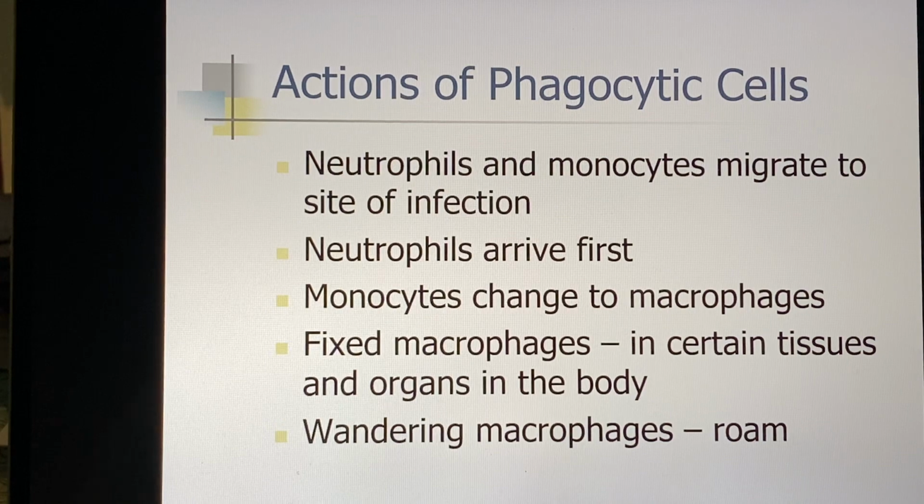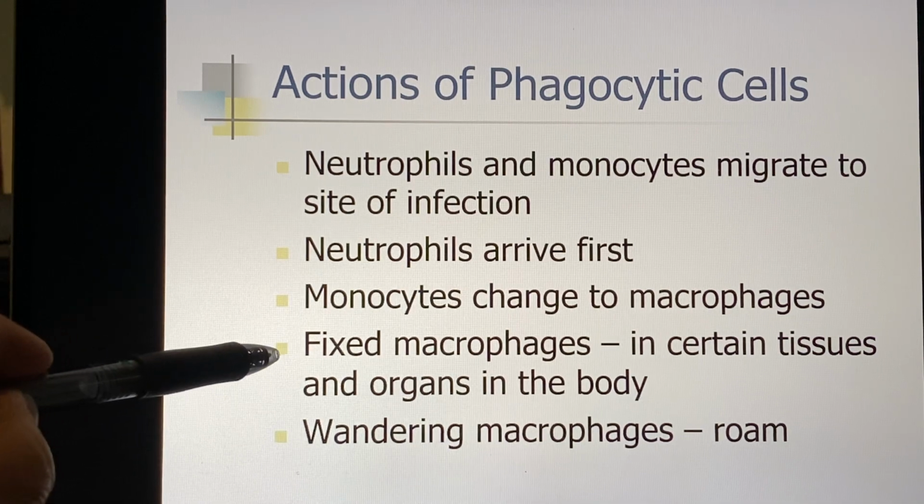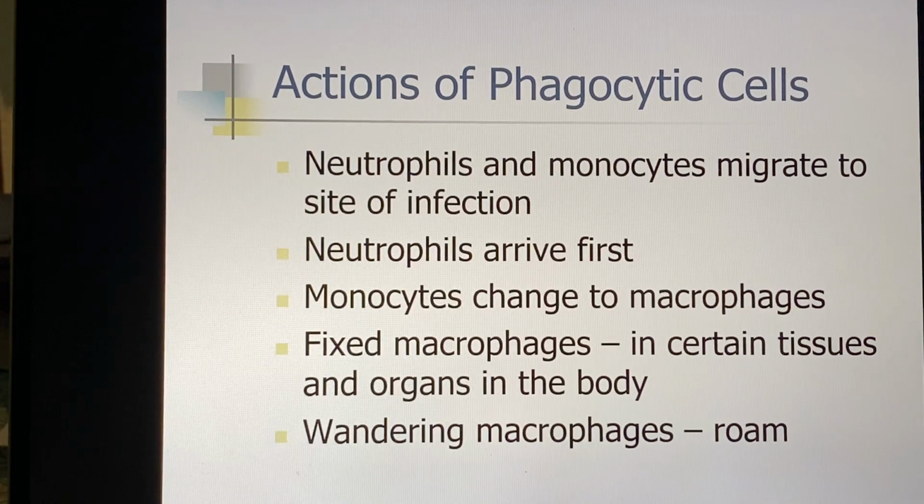Now, luckily, and this helps your non-specific immune response as well, you also have macrophages that are fixed in your body in certain tissues and organs, most notably your lymph nodes, okay? So when you're fighting an infection, you'll notice that your lymph nodes get swollen, they get kind of tender, and that's because the macrophages in those tissues are starting to filter whatever's causing the infection out.